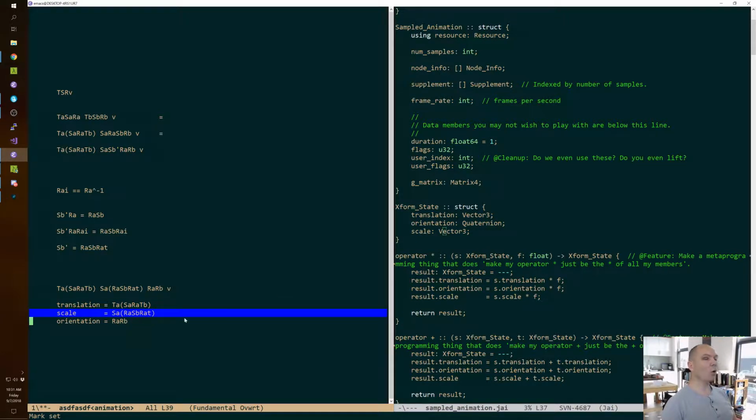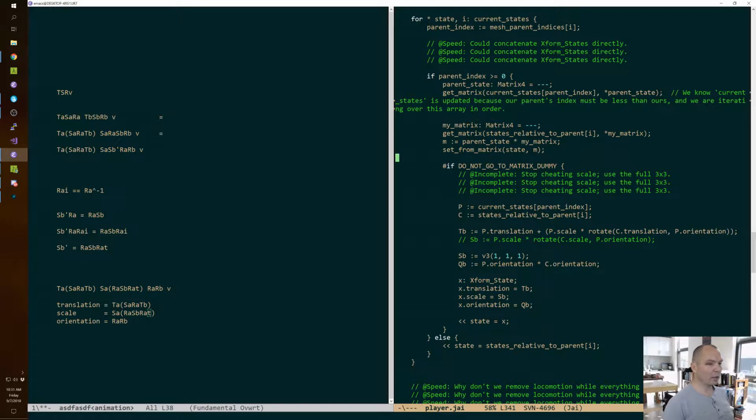Or if we know that the scale is diagonal, this simplifies in certain ways. If we know that it's a uniform constant, we could just factor it through. So we can have simplified versions of this routine, and we can switch off depending on what kind of scale we know that we have, in order to make it faster. So there's that.